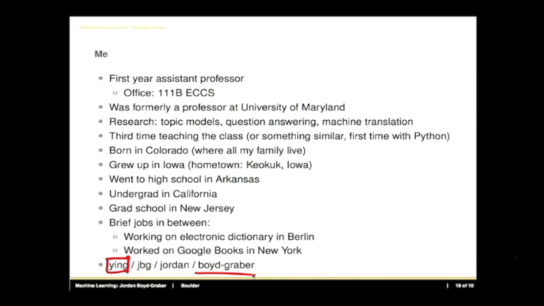That being said, I don't particularly like the name Boyd Graber. It's what I was born with, but I liked it so little that I changed my name to Ying legally. That's because you can make fun of my name very easily.